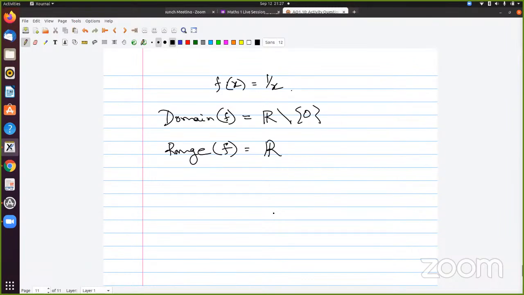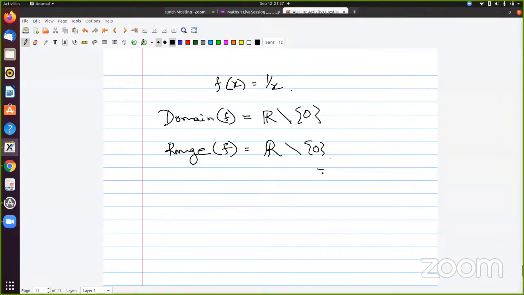We don't know what the input would be for that, right? So basically the range is also R minus 0. We cannot get 0 here. Clear? Yes, sir.